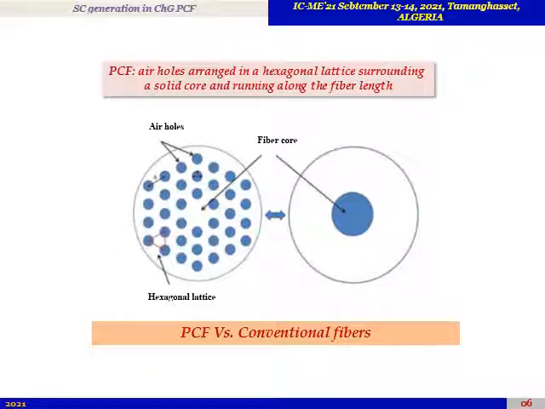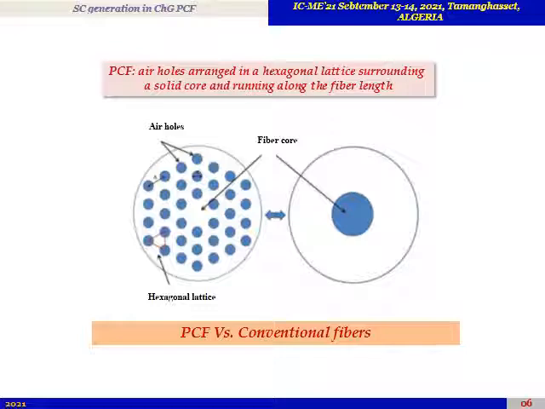So when comparing photonic crystal fiber to conventional fiber, as we know, fibers are made of two regions: the core, which is surrounded by a low index cladding medium to ensure the guiding of light inside the core.